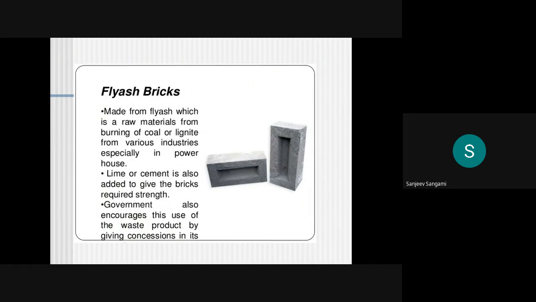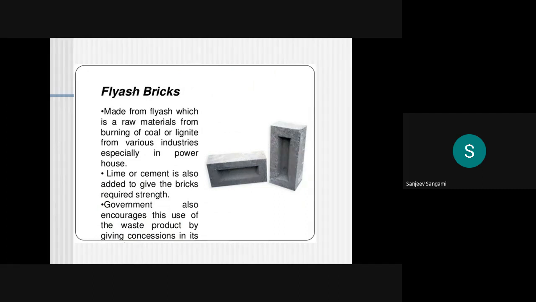Then fly ash bricks are made from fly ash, which is the raw material from burning of coal or lignite in various industries, especially the thermal power plants. Lime or cement is also added to give the bricks the required strength.